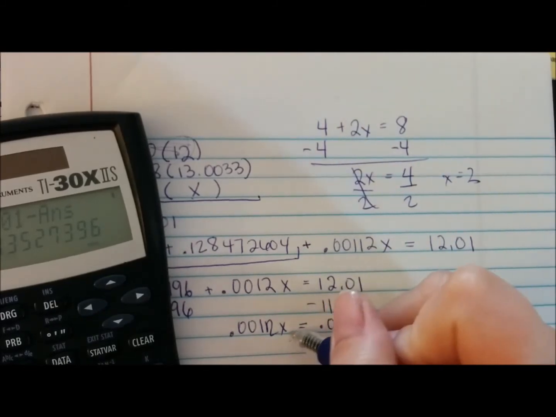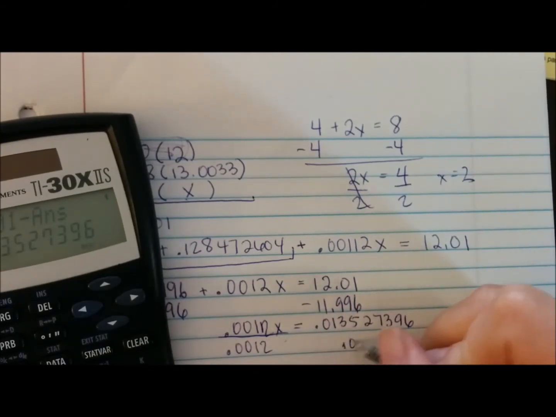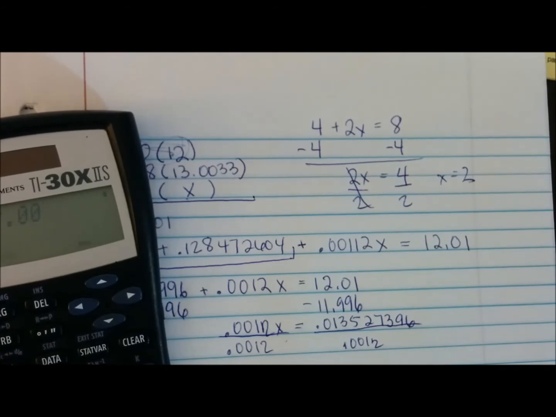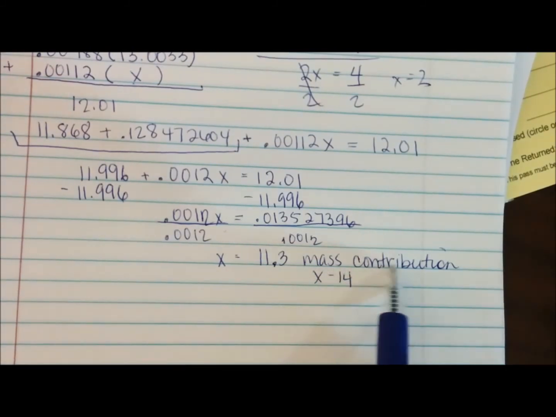Okay, so to solve for x, we're going to divide by 0.0012. And again, I'm holding all those digits as long as possible. So 11.3 is the mass contribution for X14.